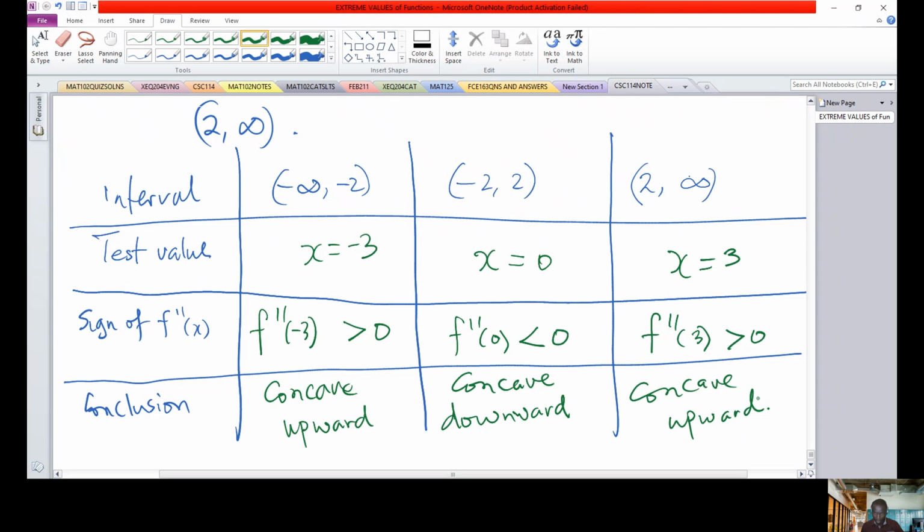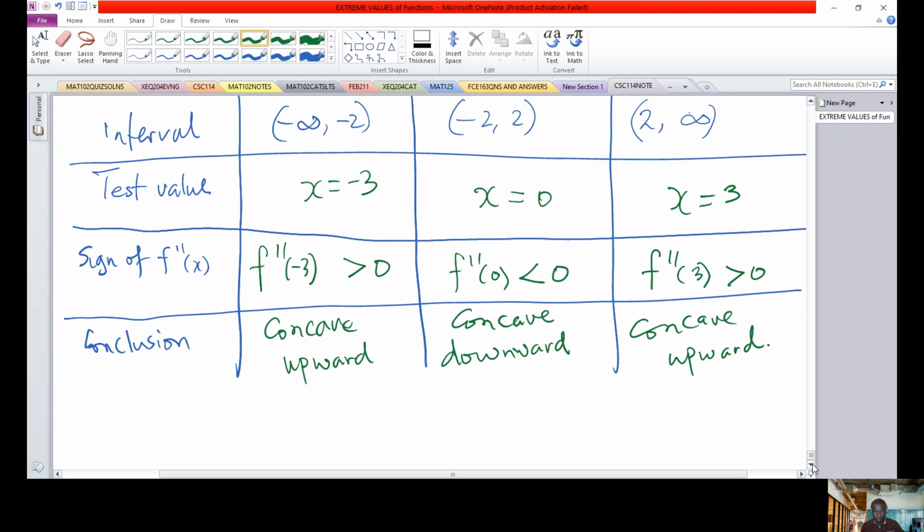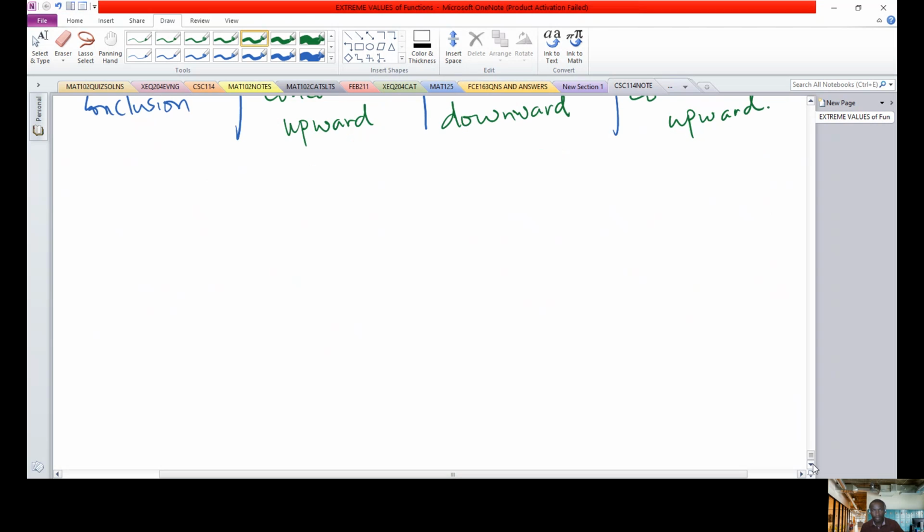So at the points x equals -2 and x equals 2, which are not defined for the function, those are called asymptotes.